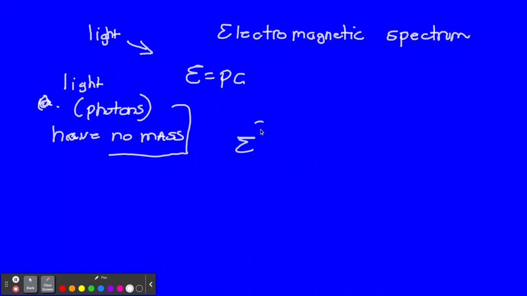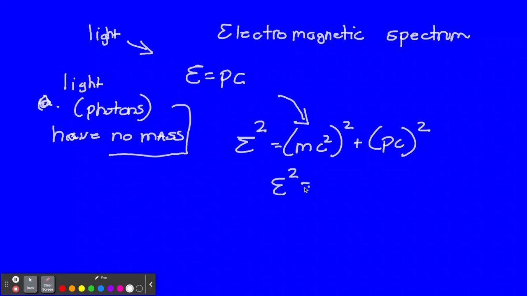We said E squared equals (mc squared) squared plus (pc) squared. Now, if it has no mass, guess what cancels out? What do you think? This cancels out because no mass is zero. 0 times anything will be 0. So you're left with E squared equals (pc) squared.